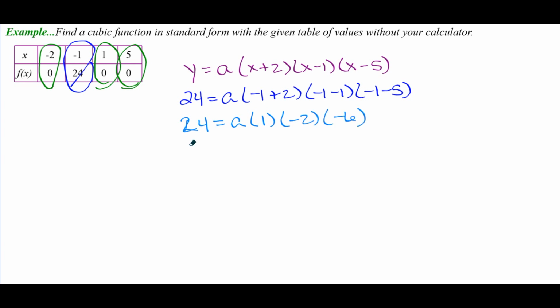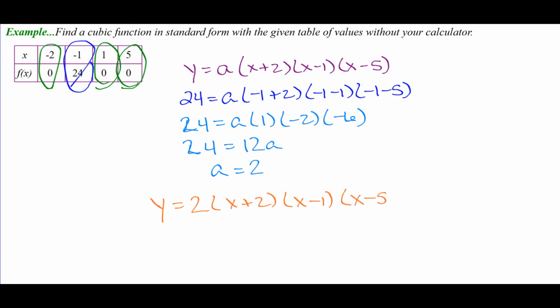So this is going to give me 24 equals 12 times a, so a equals 2. So now I can go back to my equation here, y equals 2, and then x plus 2, x minus 1, and x minus 5.